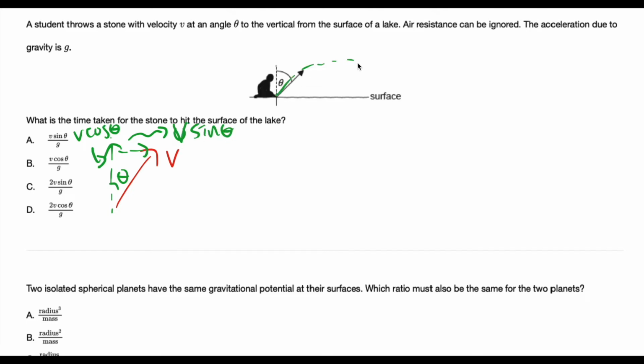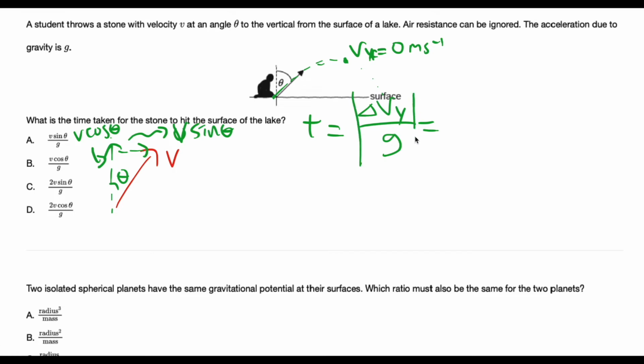And we know when an object reaches its maximum height in a projectile motion, it's going to have a vertical velocity of 0. So time is going to be equal to change in vertical velocity divided by acceleration, which is gravitational acceleration. Here you take the absolute value.